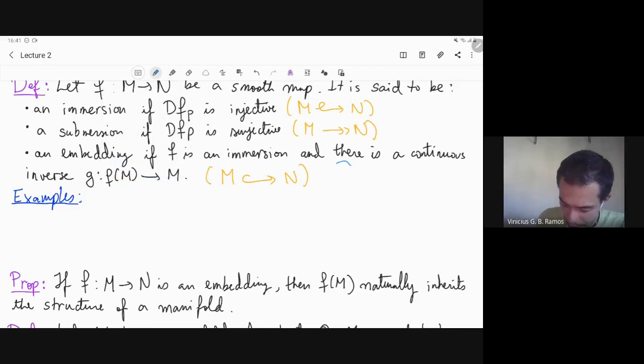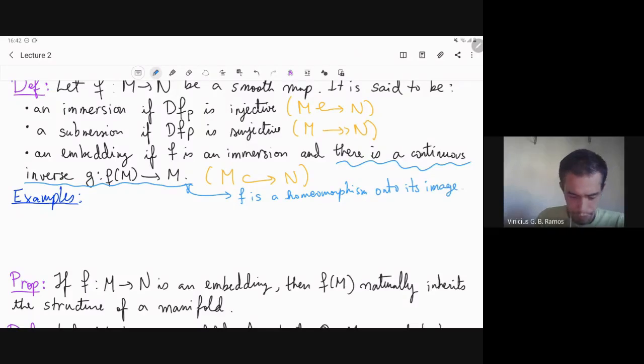So this condition here, that there is a continuous inverse, is the same as saying that f is a homeomorphism onto its image. Okay, and it's not very hard to see that if you actually have this homeomorphism onto its image, then you have a diffeomorphism onto its image if you assume it's an immersion.